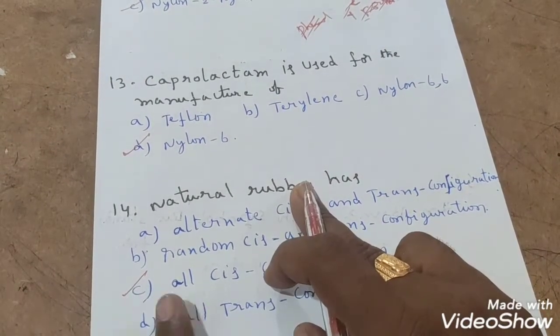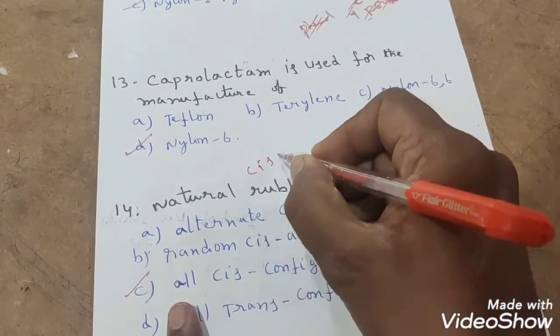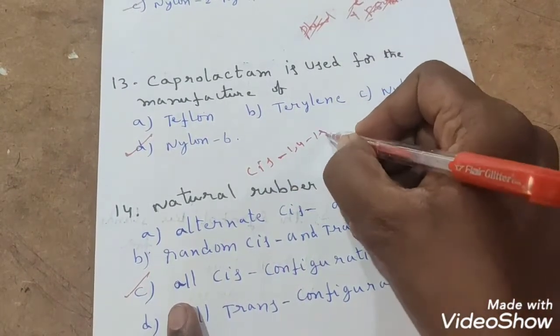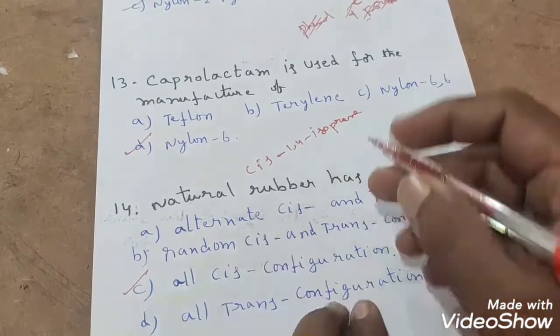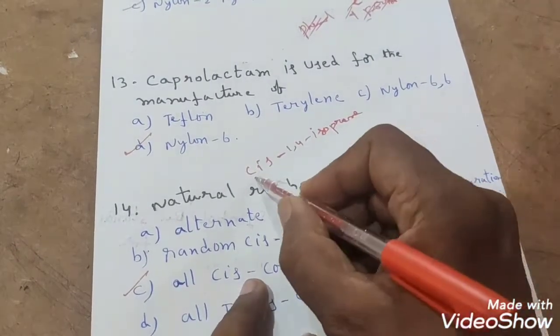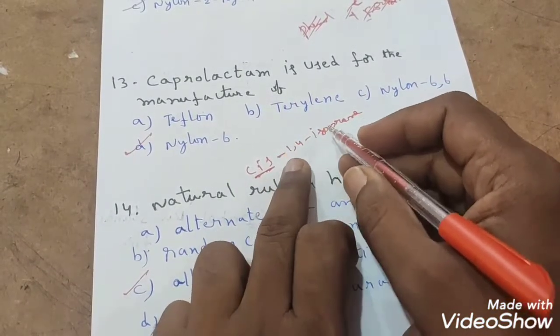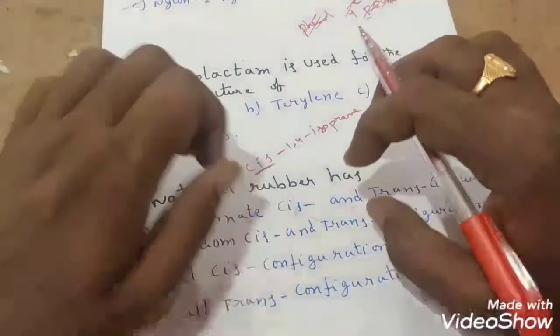Natural rubber name is what? Cis 1,4 isoprene unit. Right? Isoprene. Cis 1,4. So at 1,4 we know already that while formation of this natural rubber, only cis configuration you will get.